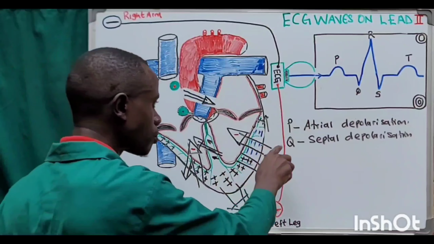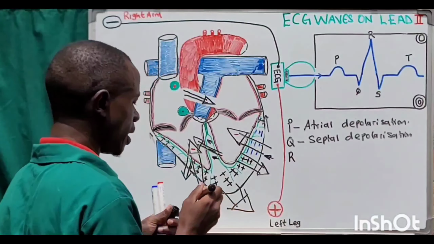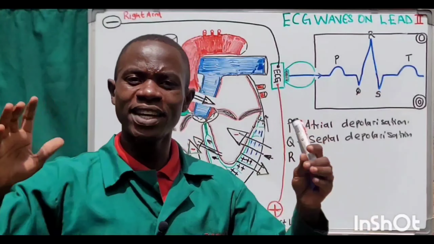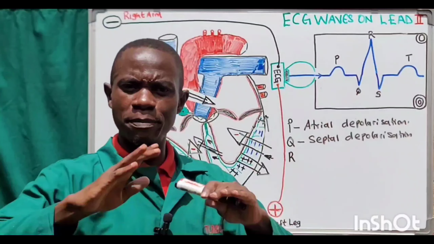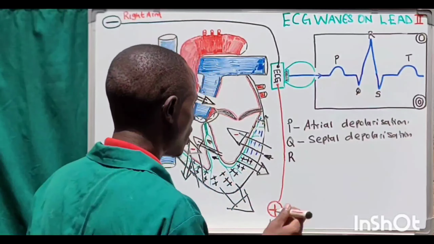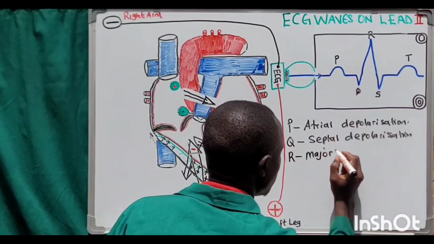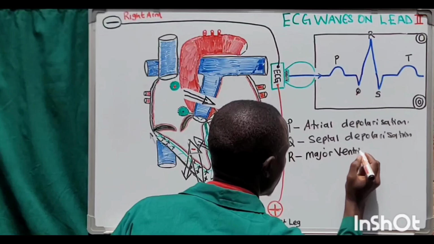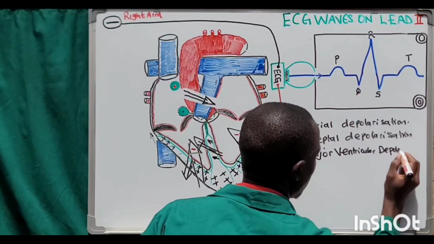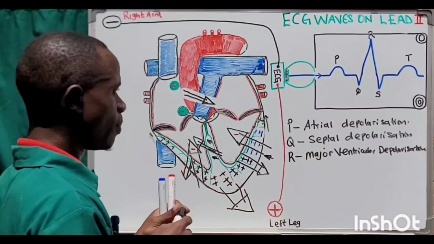So from the Q wave, we moved to the R wave. And this R wave was denoting major ventricular depolarization. The bigger parts of the ventricles are getting depolarized. Okay, major ventricular depolarization.